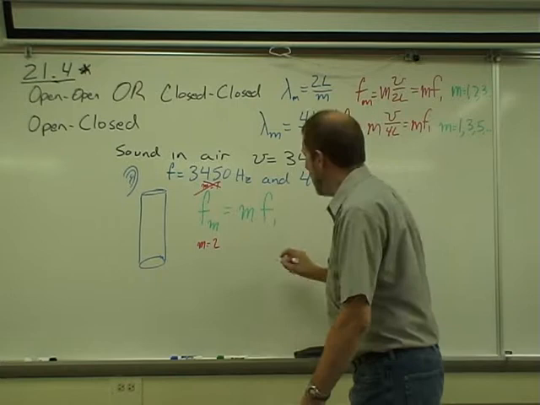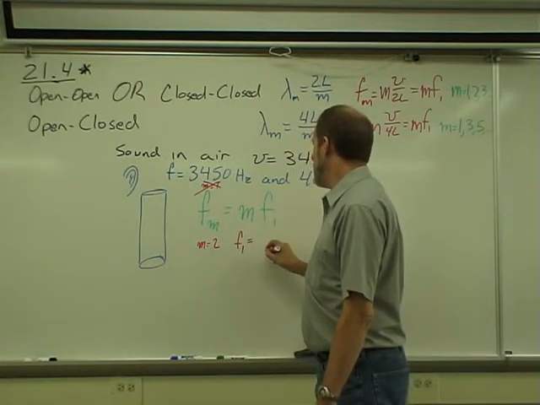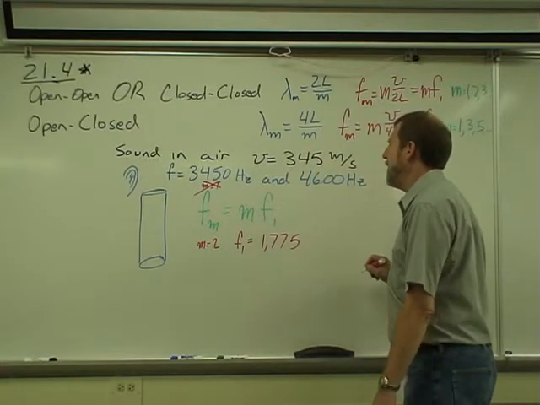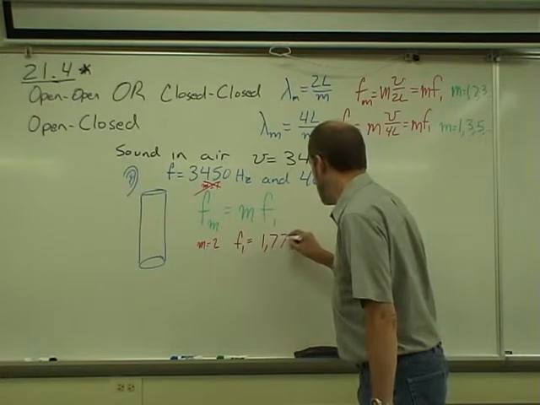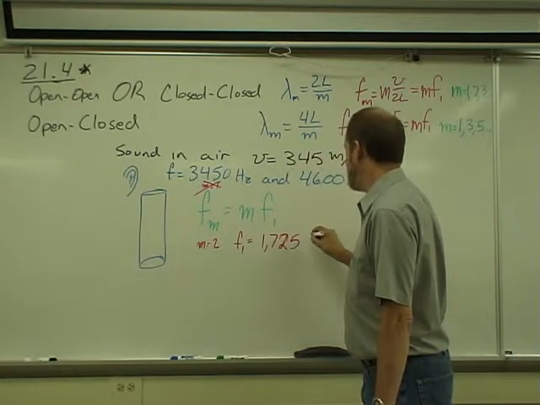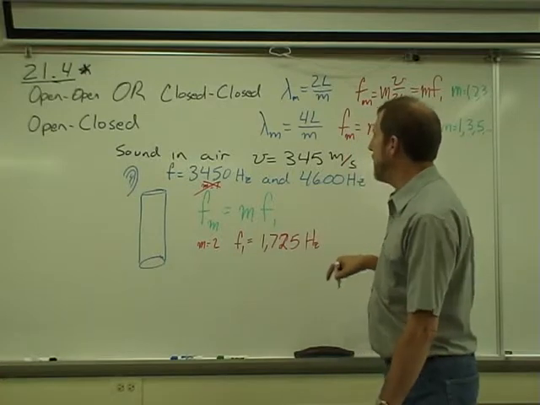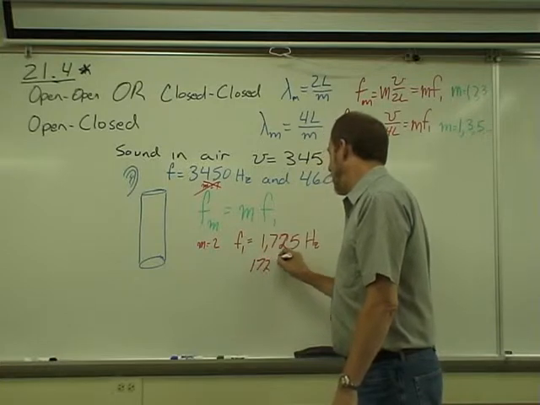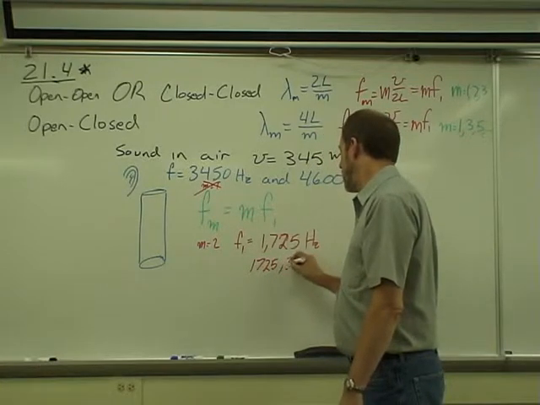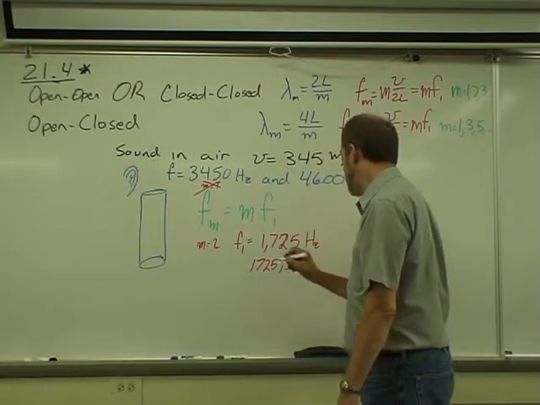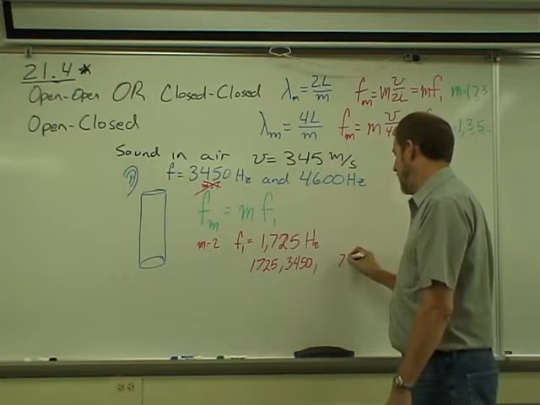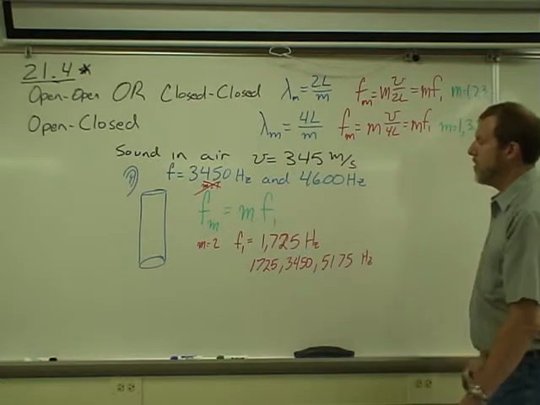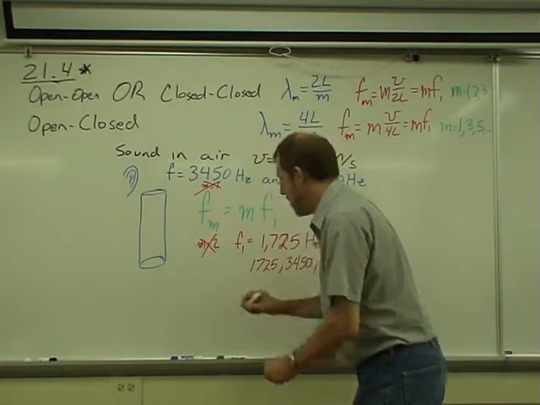Well, in that case, the fundamental frequency would be 1,725 hertz, which means I would have resonances at 1,725 hertz, 3,450 hertz, 5,175 hertz, but not 4,600. So that one's not true.